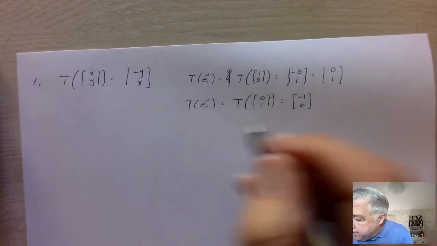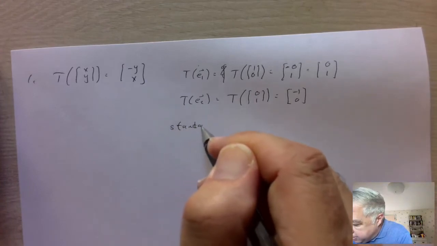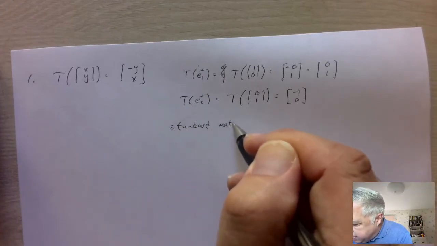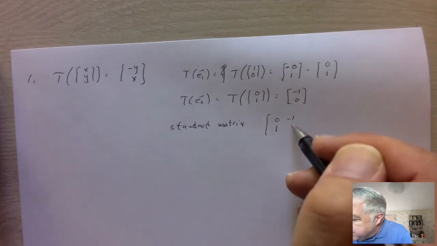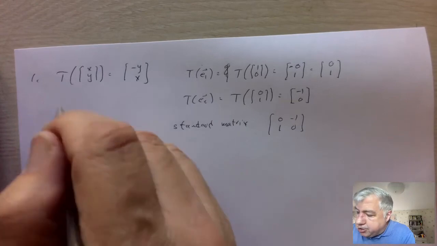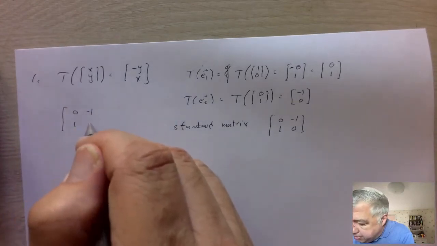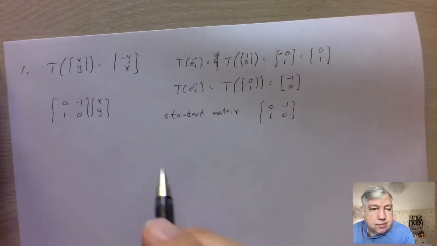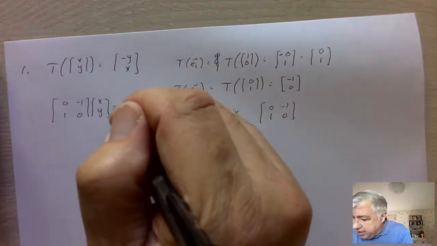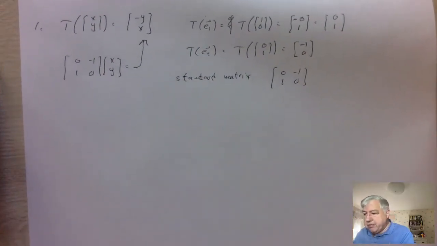Okay, so the standard matrix was [0 -1; 1 0], and sure enough, we take this matrix and multiply it by (x, y), and that is equal to this. So that would be the standard matrix.